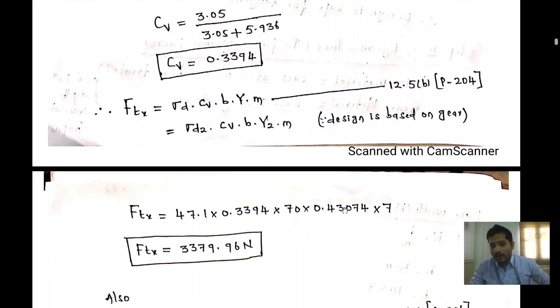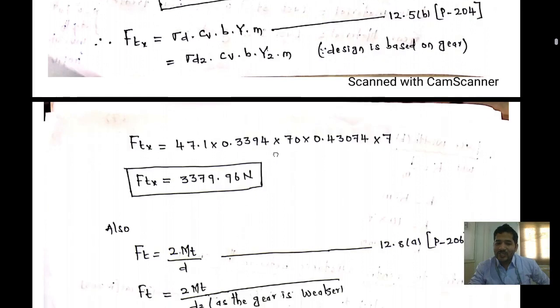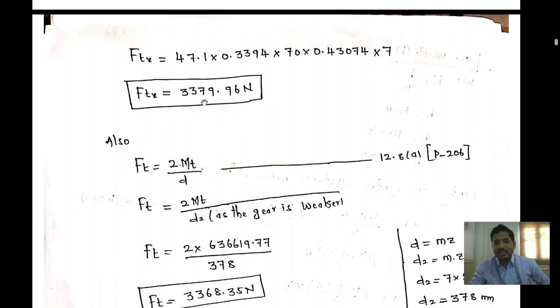The form factor value is 0.43074, and the module value is 7. If you multiply with the help of a calculator, then you will get the answer 3379.96 newtons, because the unit of force is Newton.